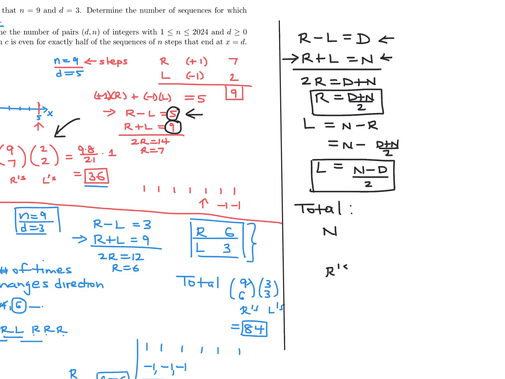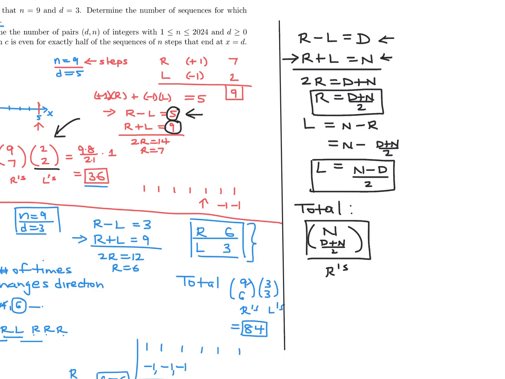And how many do you choose? Well, how many r's are there? There's d plus n over 2. So n choose d plus n over 2 to be the r's. And then the other one, you don't really need to put in, because it's just going to be 1. So this is basically the total.